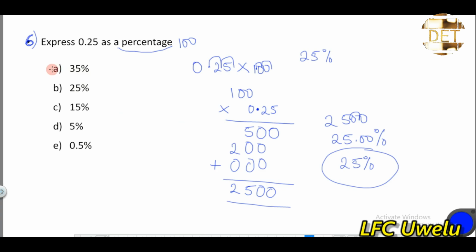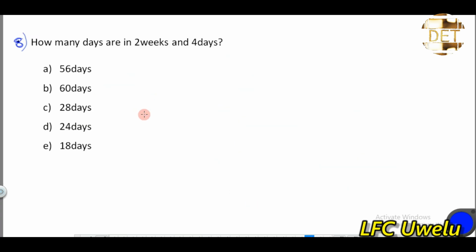So our answer to this question is 25%. That means 25% means 25 all over what? 100. And like I said, a percentage is a fraction whose denominator is 100. So 25% means that the denominator here is 100.